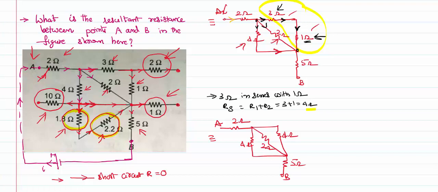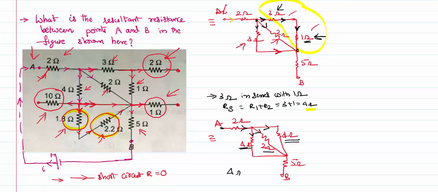So the current after coming from the point A to this junction is divided across these 3 resistors. Whenever current is divided, the resistors are in parallel. That means this 4 ohms, this 4 ohms, this 2 ohms are in parallel. First let us consider this 4 and 4 that are in parallel.